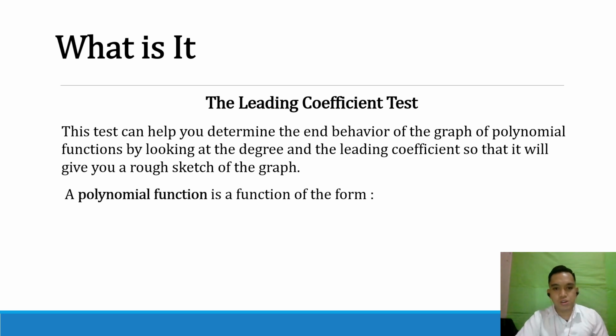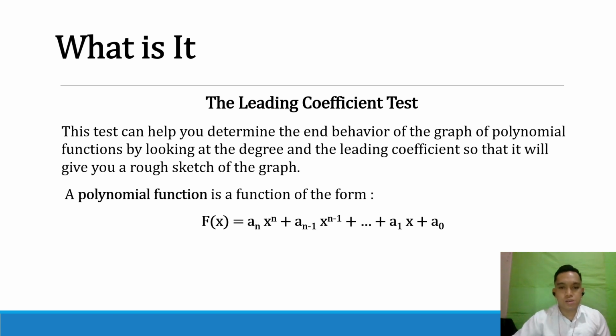So a polynomial function is a function of the form f of x equals a sub n times x raised to n plus a sub n minus 1 times x raised to n minus 1 plus and so on plus a sub 1 x plus a sub 0.